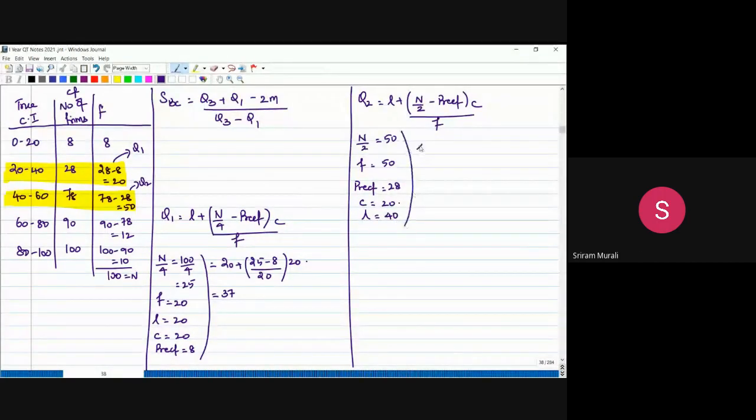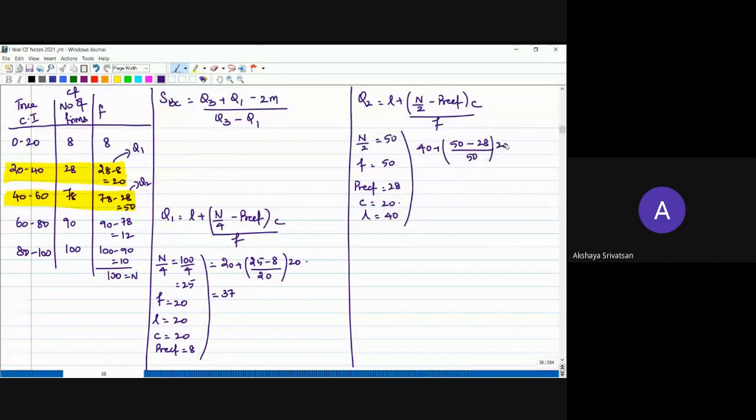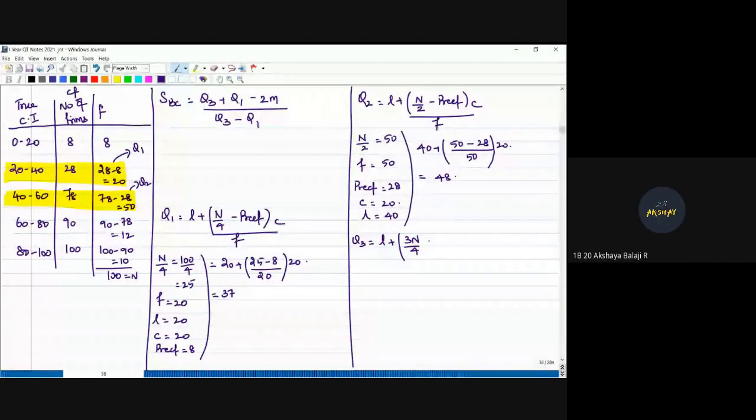If I substitute here, 40 plus 50 minus 28 by F into C, what should this answer be? 48.8, sir.